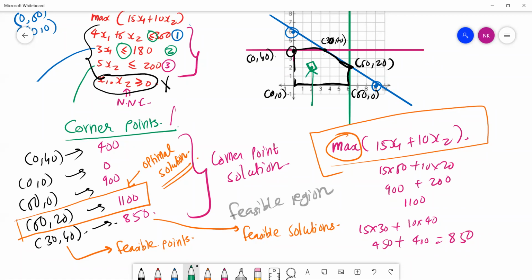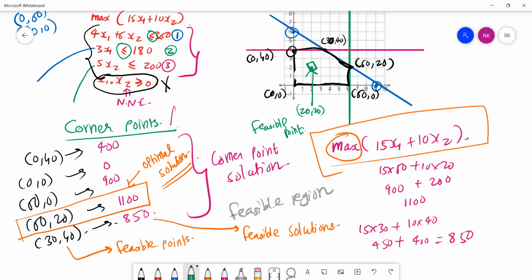This 20, 20 is not lying in the corner of this particular feasible region, so it is not termed as the corner point. But it is lying within the feasible region, so it is also called the feasible point.